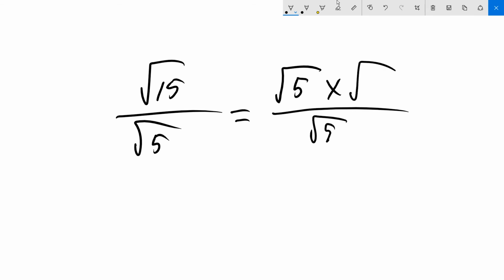And this root here will be our final product. So root 5 times something is root 15. Well, root 3 times root 5 is root 15. So we can cancel these two out, and we now know that that is equal to root 3.